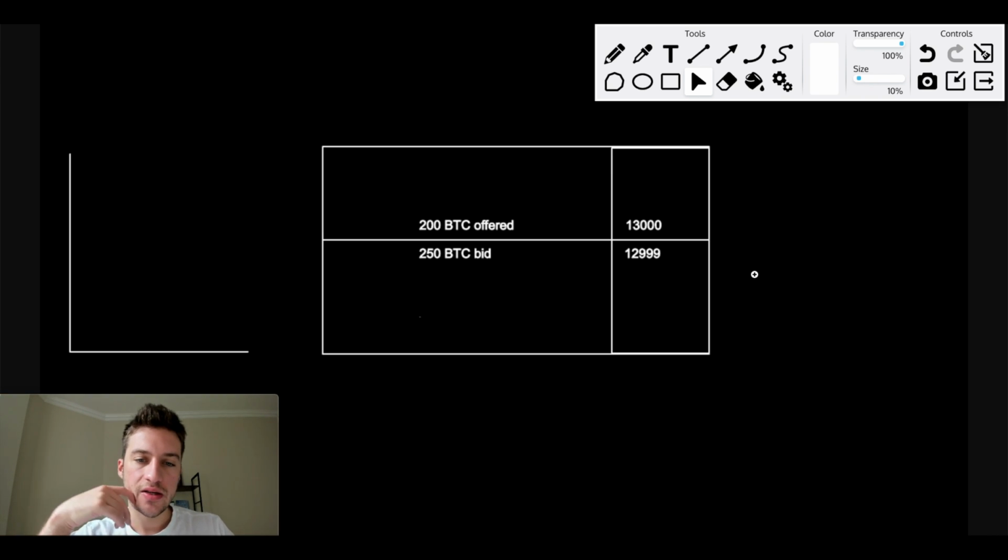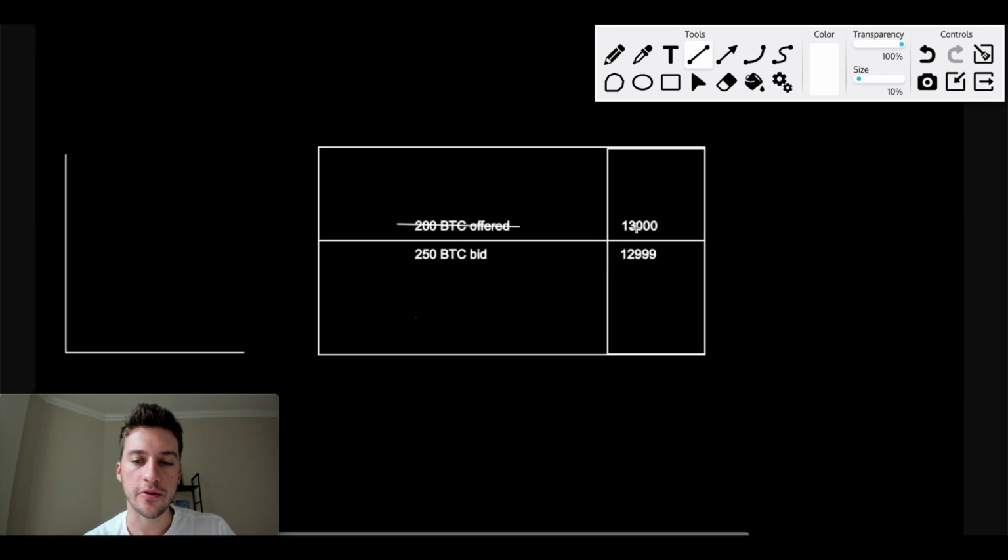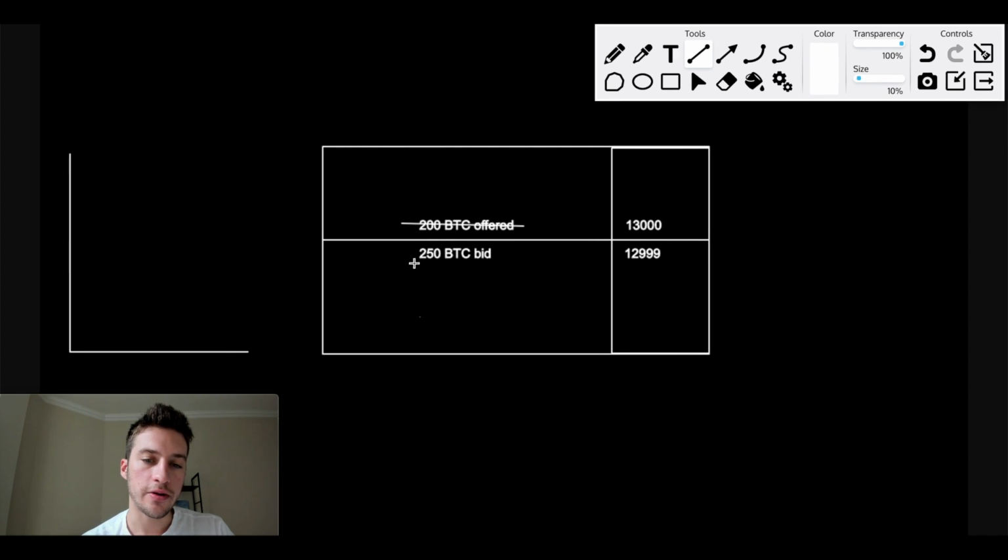Then what ends up happening is, let's say that all of the Bitcoin offered gets bought out and price goes above 13,000, right? But there were a lot of market sells here. So let's get a value. Let's say that in this range right here, where price is just bouncing off of 13,000 and 12,999, two large limit order book walls, we have transactions of, let's say, 400 BTC.